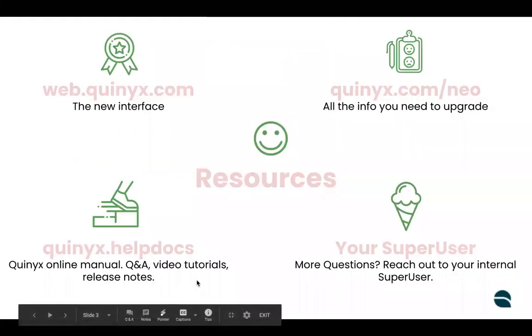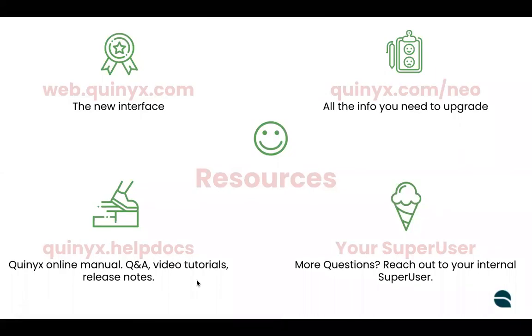What I showed, the help feature, the Lighthouse feature in Quinyx, has everything: Q&As, the video tutorials, the release notes, the articles, all of the information you need is in there. We are constantly working on and improving that, and if you have any feedback on how we can improve it, you can always send it through to us.